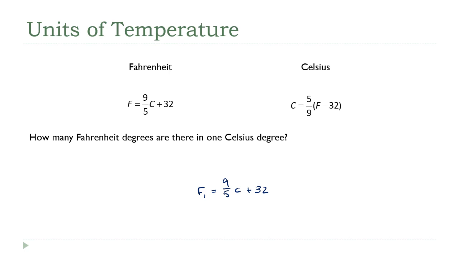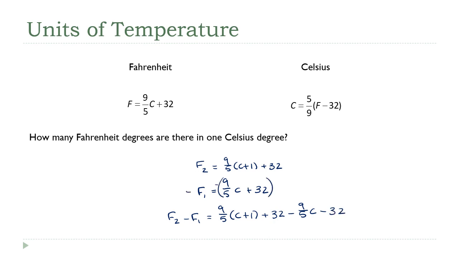Then I want to know what is 1 degree higher: 9/5 (C plus 1) plus 32. If I subtract these, I get F2 minus F1 is equal to 9/5 (C plus 1) plus 32 minus 9/5 C minus 32. I subtracted the bottom one from the top.